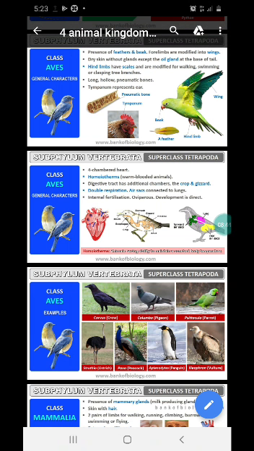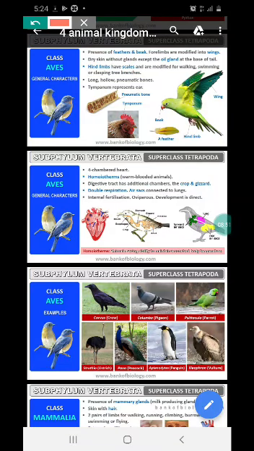Clear, children? We'll see all the other adaptations seen in birds now. They have feathers and also they have a beak. Their mouth is provided with different types of beak in different kinds of birds according to their feeding habit.